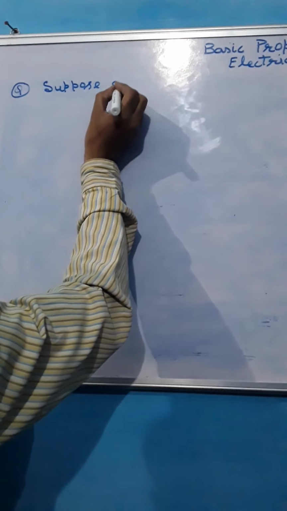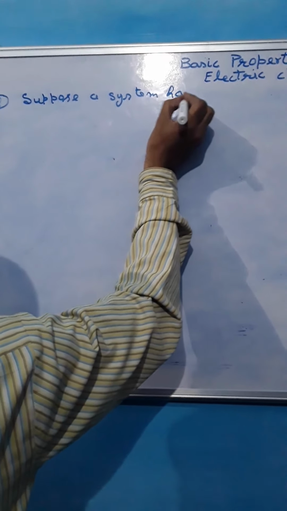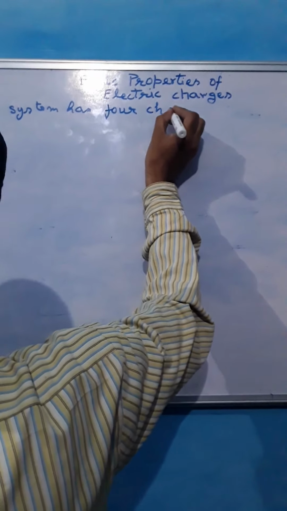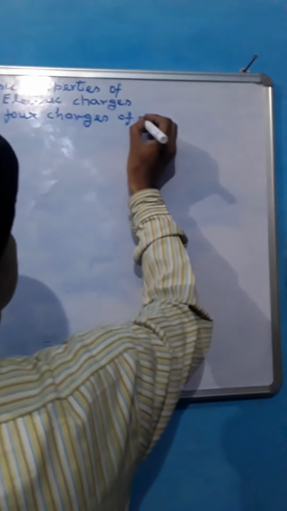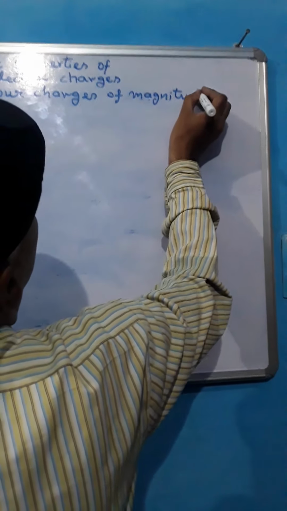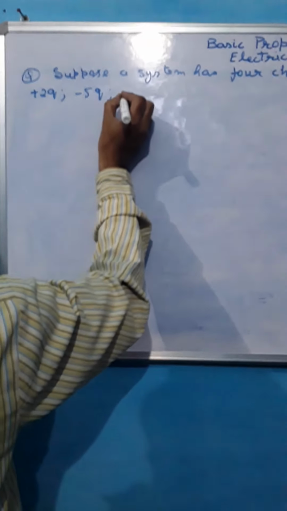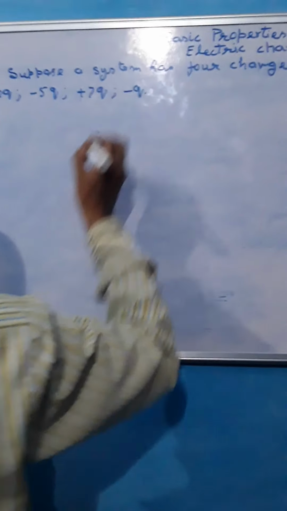Question: Suppose a system has four charges of magnitude plus 2q, minus 5q, plus 7q, minus q.